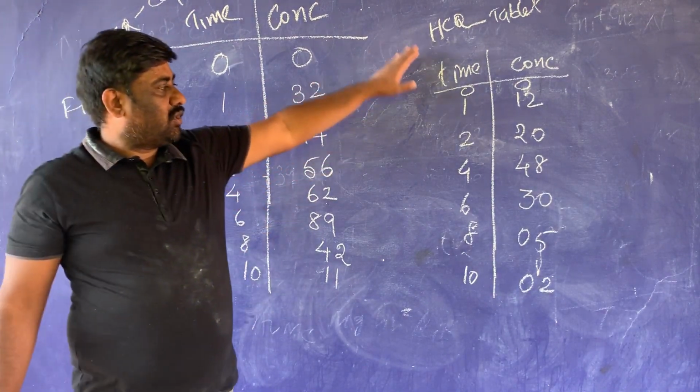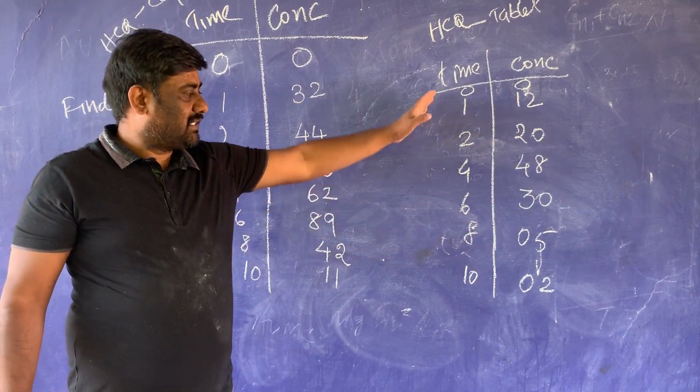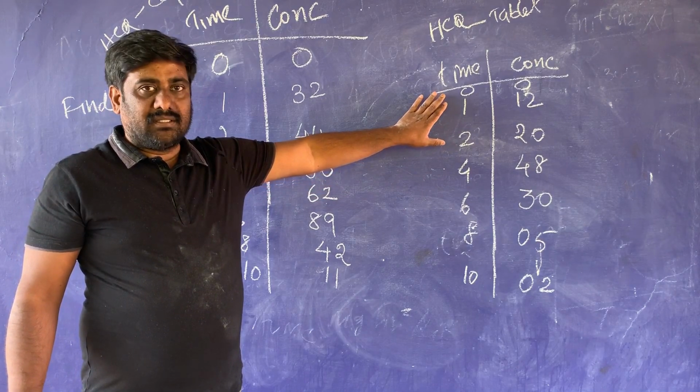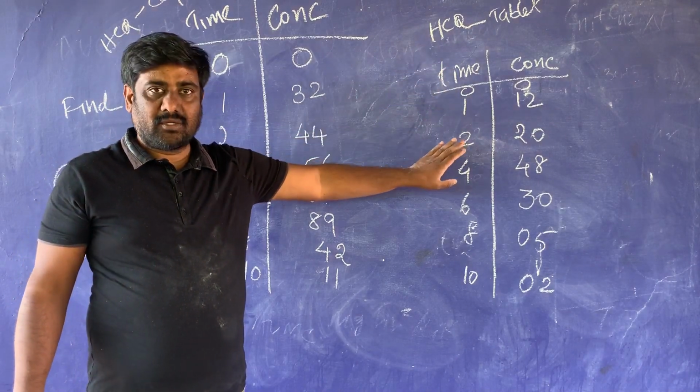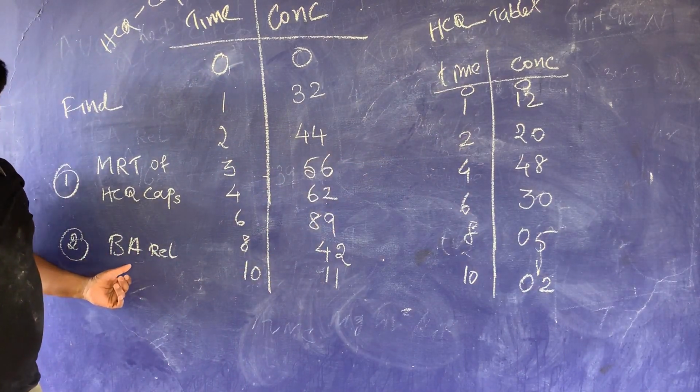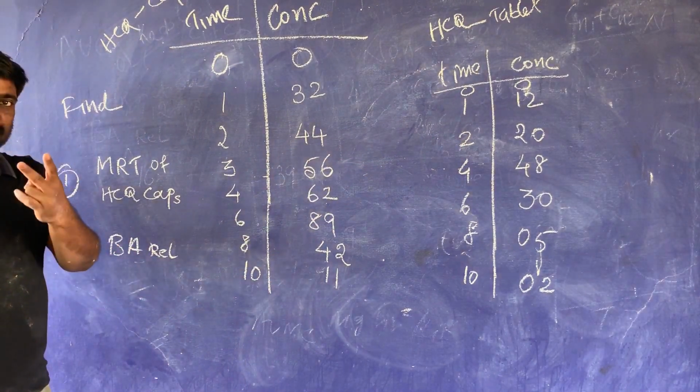Already, more or less, we have framed the same method, same values. Again, you calculate only the AUC of the hydroxychloroquine tablet and find out the relative bioavailability. There are 2 reports you have to give.